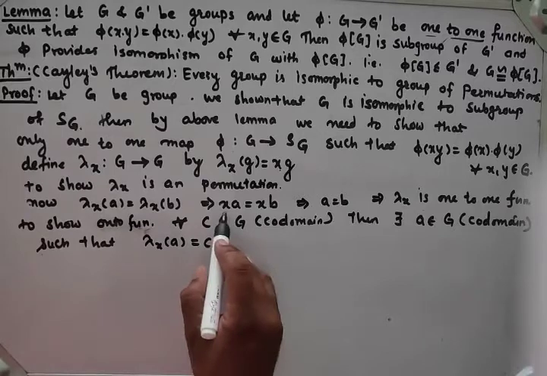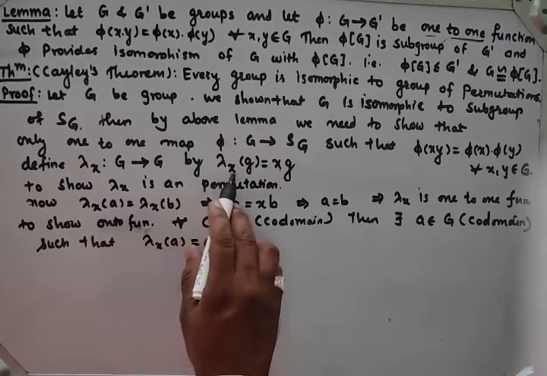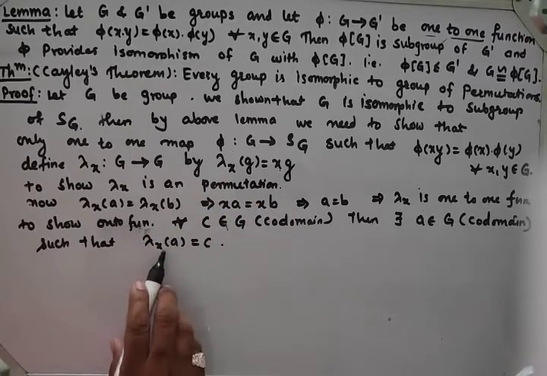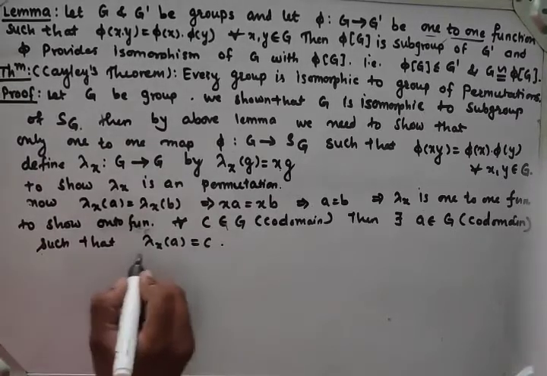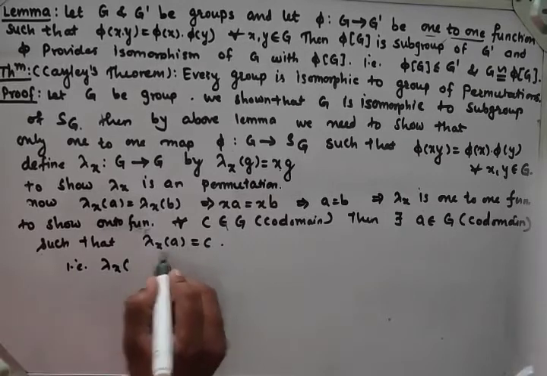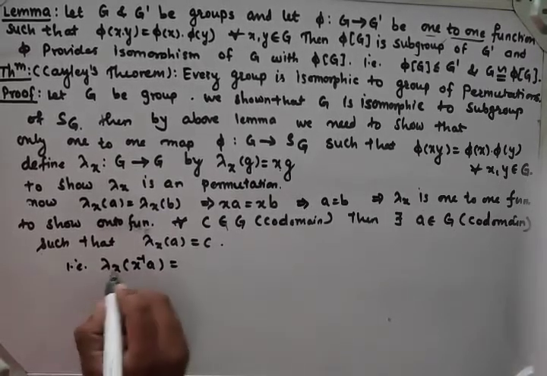It has value xa. Lambda x of g is nothing but xg, and lambda x of A has value xa, right? So such that, I will take lambda x of x inverse A.